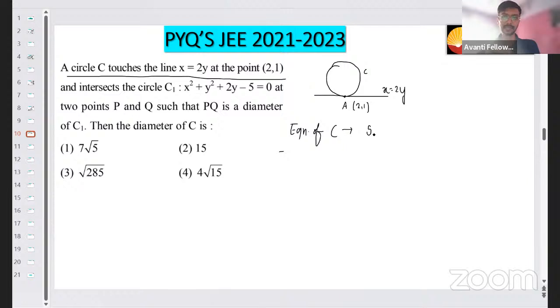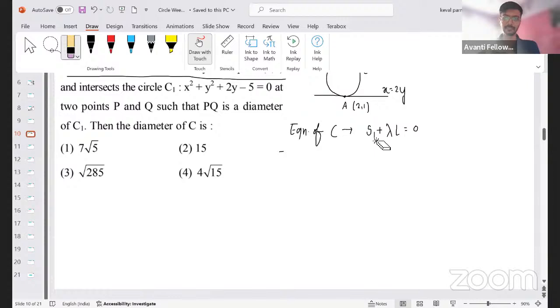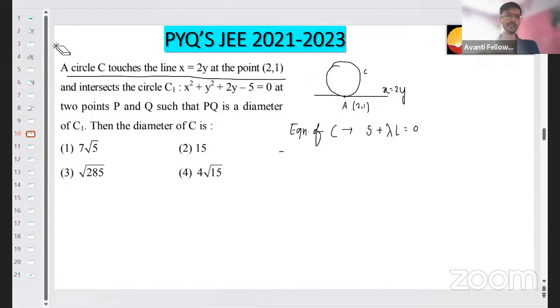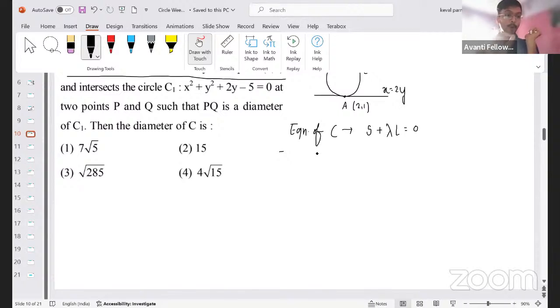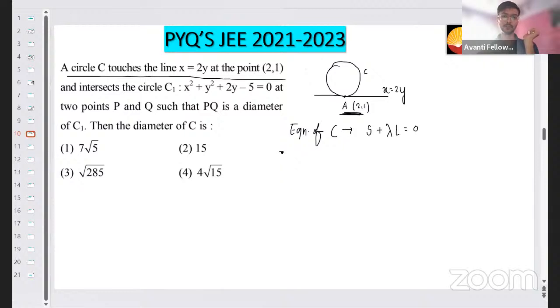It will be S plus lambda times L equals to 0, where S is the equation of the point circle with center at A. So what will be the equation of point circle? Remember, equation of point circle means radius is 0.